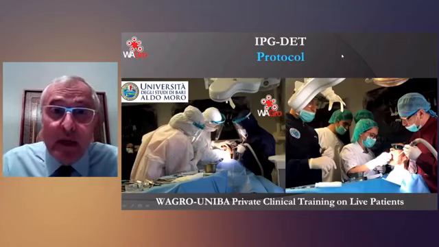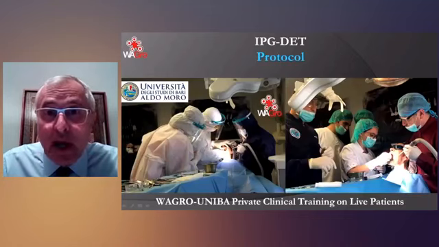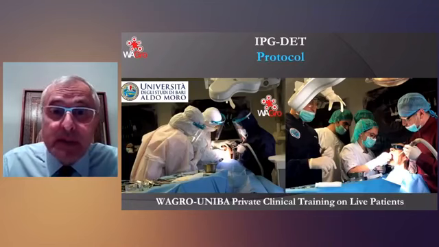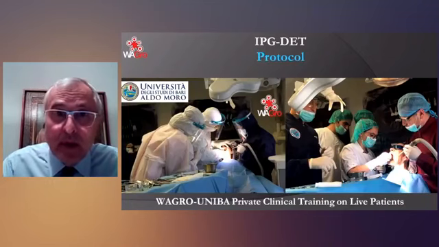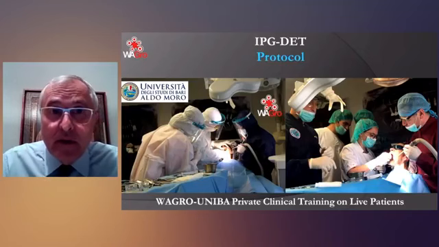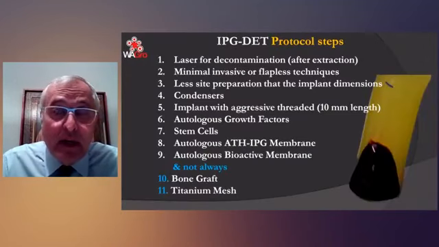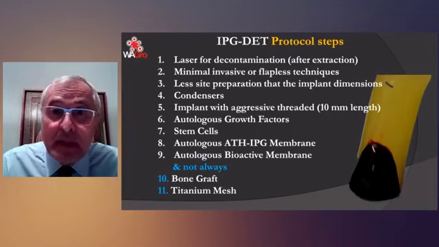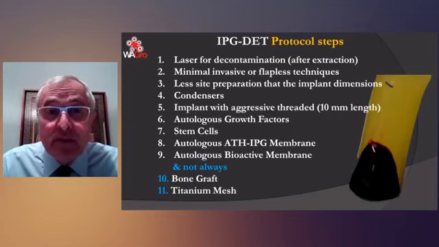I'd like to talk to you a little about the protocol to understand how we use and how we do this technique step by step. When we must do immediate implant placement after an extraction, we always use laser for decontamination. We use minimally invasive implantology. We prepare the site less than the implant dimensions. We use condensers.